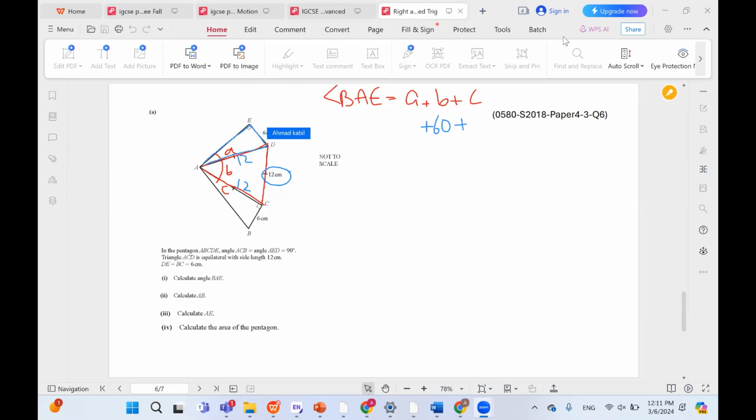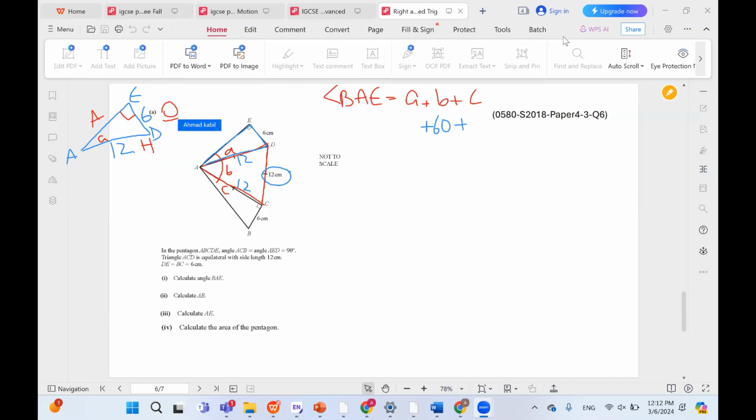So in triangle AED, we have the following information. We have A, E, and D. We have this side equal to 6. We have this side equal to 12. And we want to get letter A here. And this is the 90-degree angle. So you need to figure out what is the opposite, what is the adjacent, and what is the hypotenuse. Of course, this is the opposite here, and this is the adjacent, and this is the hypotenuse.